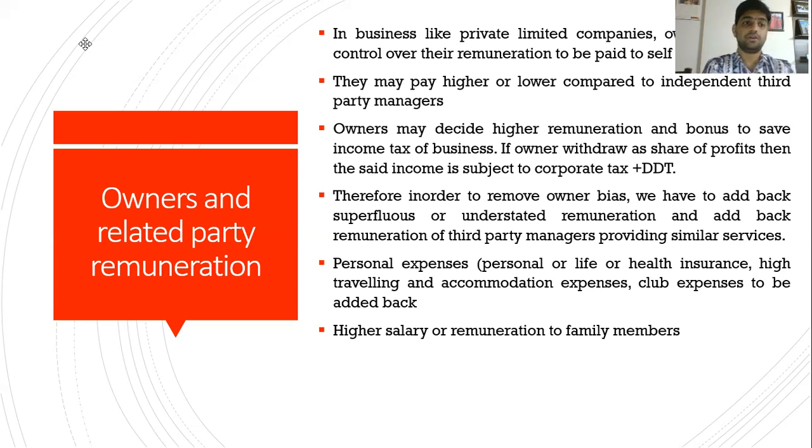That is not showing the true figure, so that also we need to add back to EBITDA. Similarly, if there is a high salary or remuneration paid to family members, that also should be added back. These are all what we call owner's bias. So that should be adjusted for finding out the true EBITDA. Then only we can compare between entities.